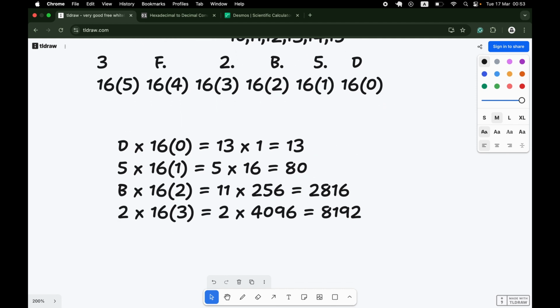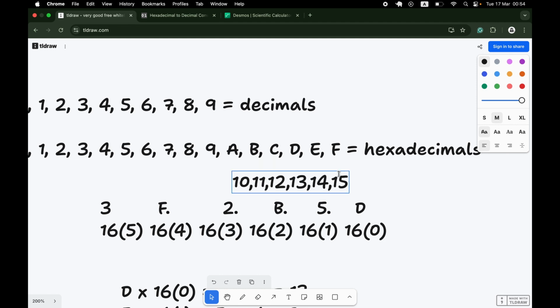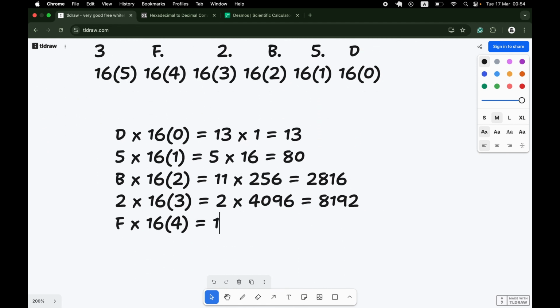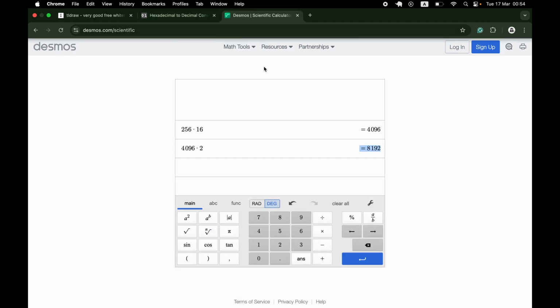The fifth one is F multiplied by 16 power 4. The value of F is 15. The value of 16 power 4 is 256 times 256, which is 65536.